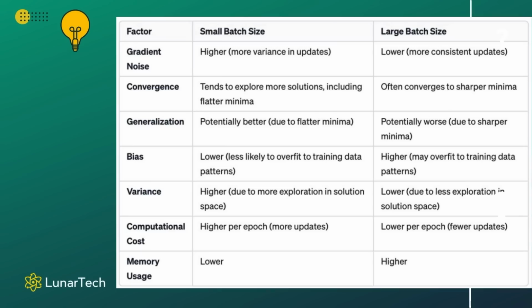Then we have the generalization factor. Generalization basically refers to the idea of overfitting: how much the model is actually memorizing the training data versus being able to perform equally well on the unseen data.